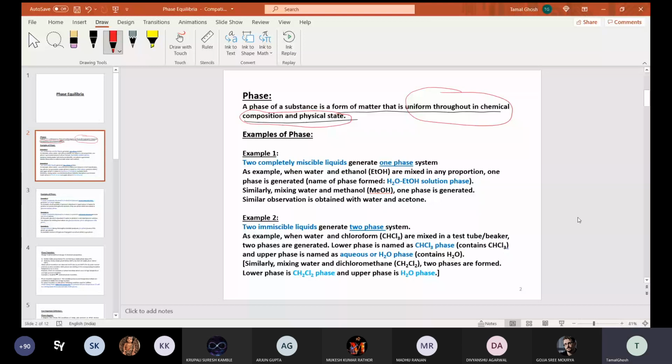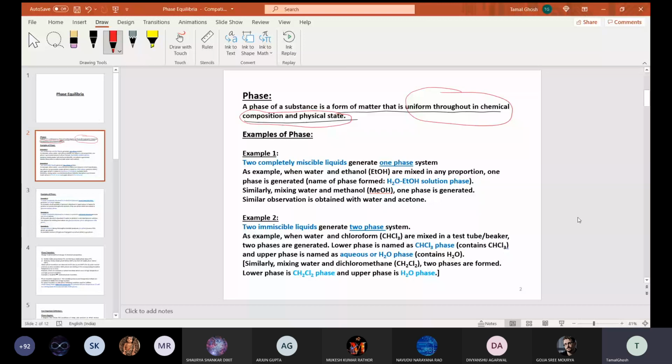Your PPT is not visible, only your name and icon are visible. Okay.